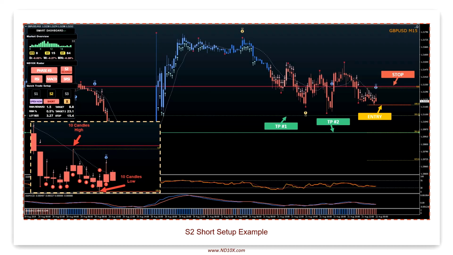After that, the highest point in the previous 10 candles, including the S3 candle, would be candle number 6. The lowest point would be the low of the second candle. So inverse 1.618 and 2.618 would be used as our targets of these candles.